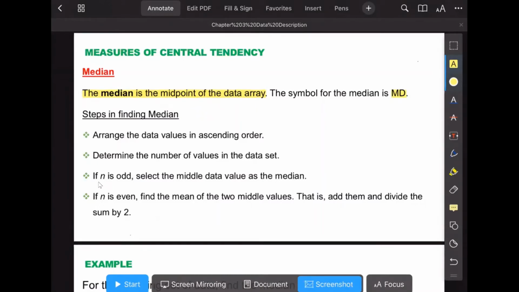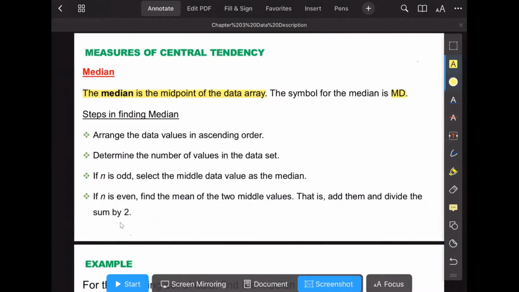Then the third step has two cases, because n can be odd or n can be even. If n is odd, select the middle data value, and that is the median. But if n is even, you find the two middle values and find their average.